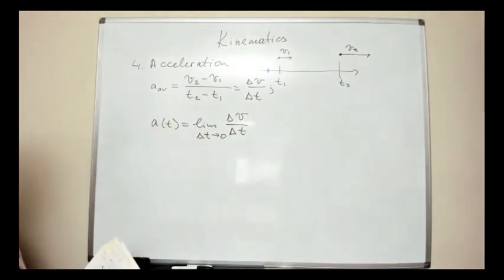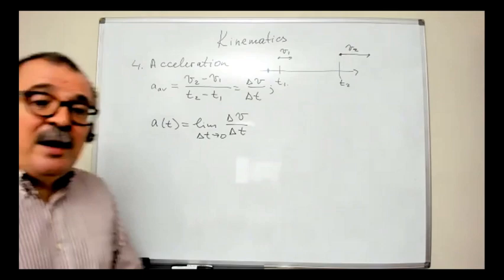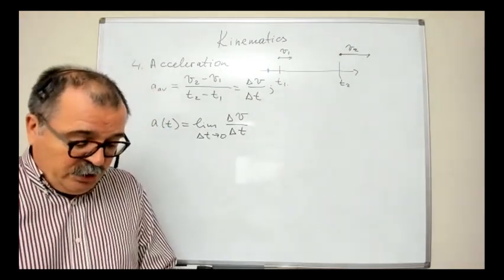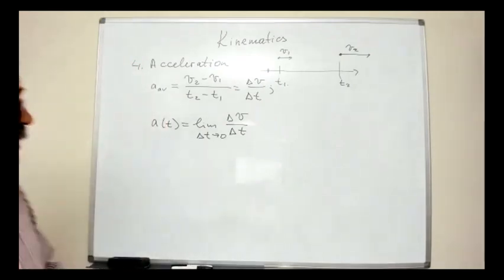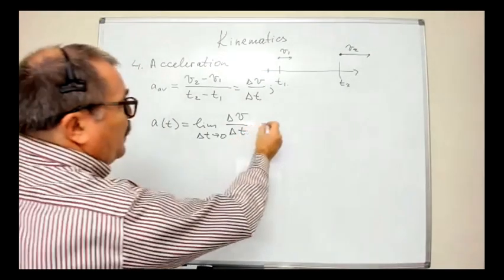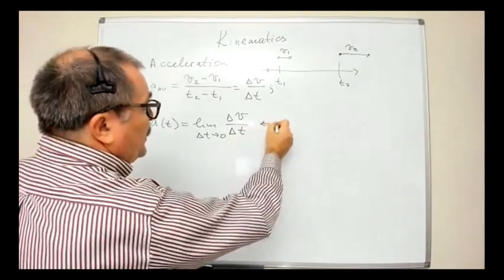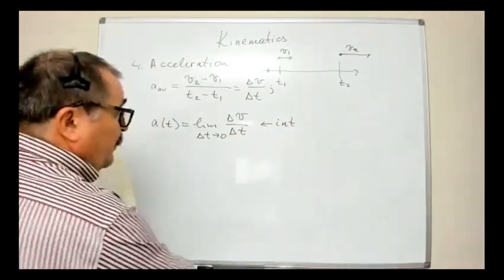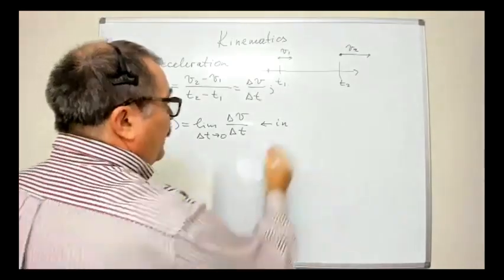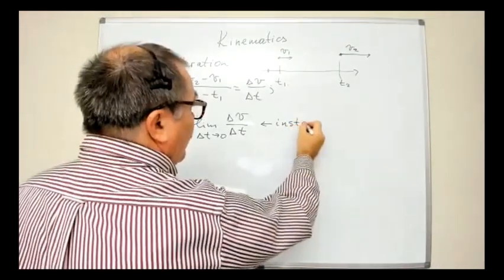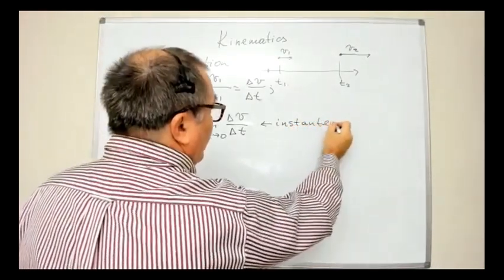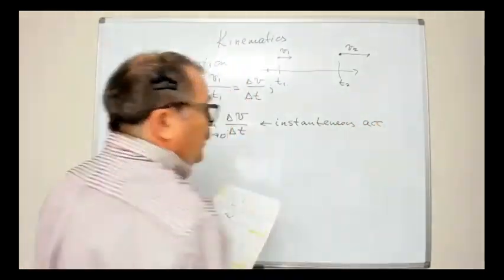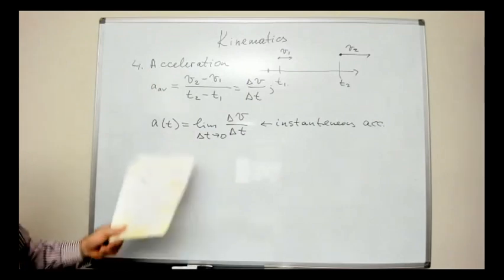So those are the main kinematic parameters which we're going to use in order to describe the motion. Instantaneous acceleration, that's this formula.